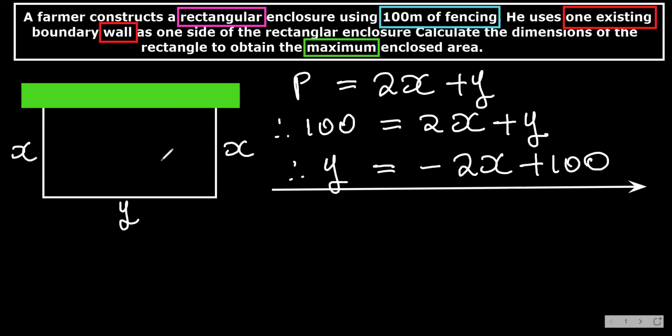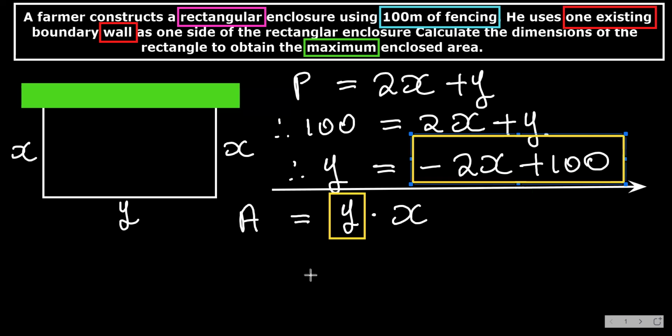Okay. But how do we define the area of a rectangle? Well, that's easy. The area of a rectangle is defined as length multiplied by the breadth, where the length is y and the breadth is x. Then I'm going to remember what y is. Every time I see y, I see negative 2x plus 100.